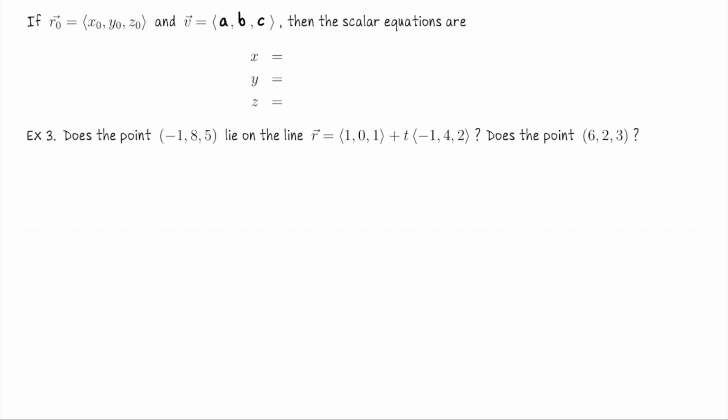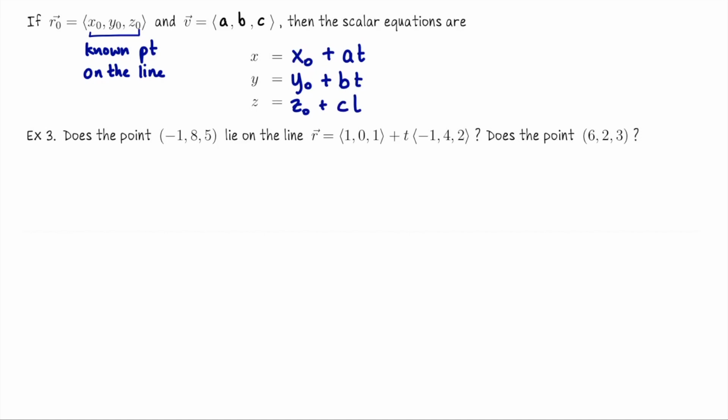We can summarize the scalar parametric form with the following set of equations. So if r naught is the position vector x naught, y naught, z naught, meaning that x naught, y naught, z naught correspond to a known point on the line, and if our direction vector has coordinates a, b, c, then the scalar equations are x equals x naught plus at, where t is the parameter, y is y naught plus bt, and z is z naught plus ct.